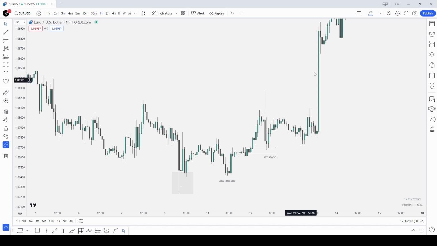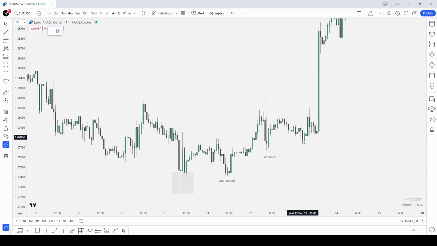You may see more levels of distribution afterwards if we're not at the original consolidation yet. However, our final stage that I personally like to trade is the second stage of distribution. And as we move forward, you can see we leave this down close candle and the fair value gap is used again as we come inside here.